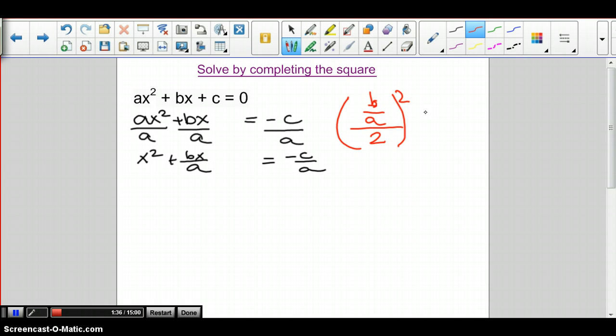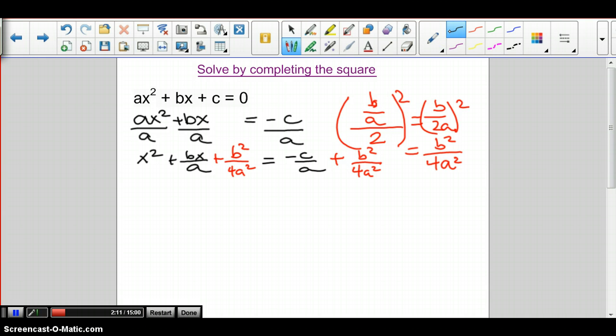This is the same as b over 2a squared, and now we can square each of these terms inside the parentheses. So we have b squared over 4a squared. This is what we're going to add to both sides, so we have plus b squared over 4a squared, and what we do to one side, we do to the other.